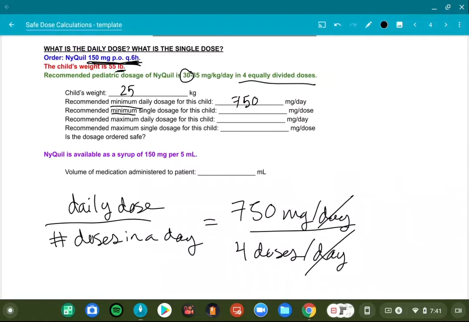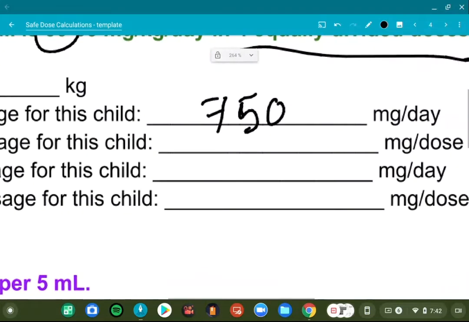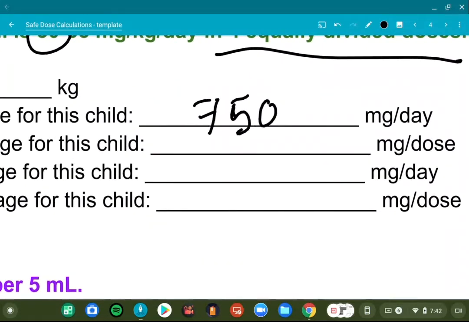The days cancel out. 750 divided by 4 gives us 187.5 milligrams per dose. So that's our minimum single dose. That's how much we are going to be giving the kid in the syrup cup when we hand it to them.